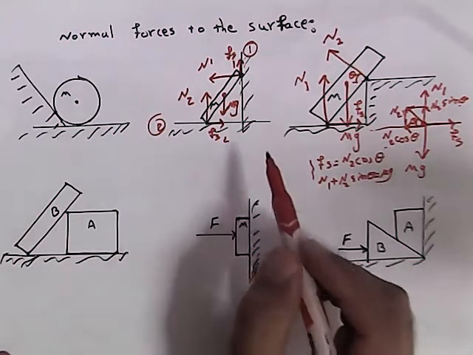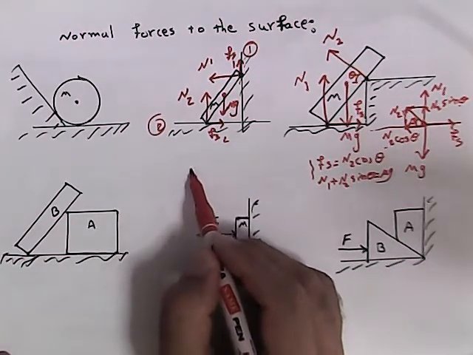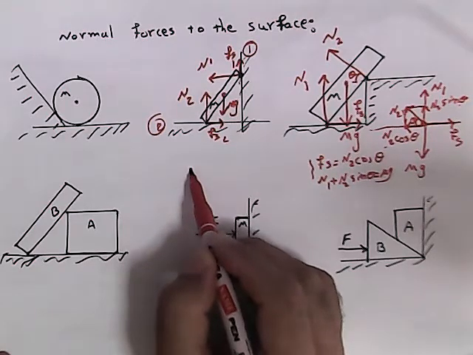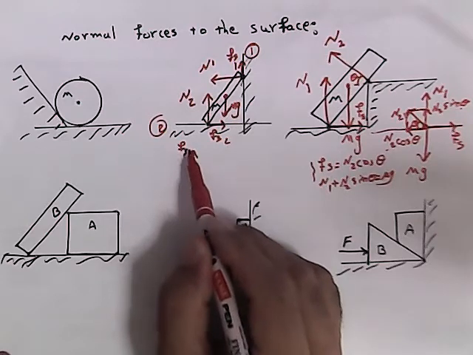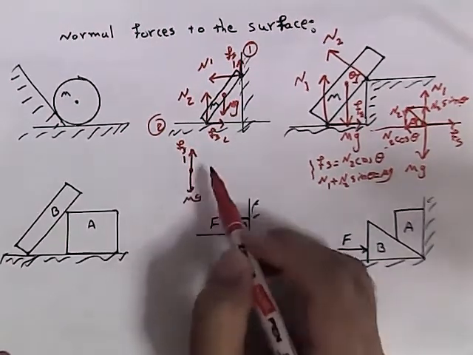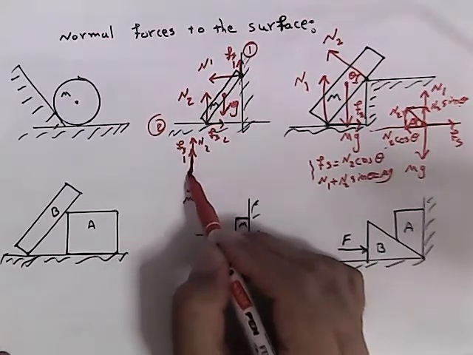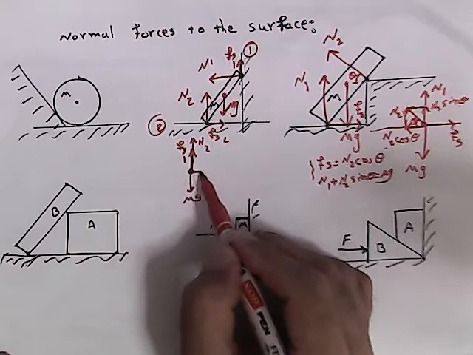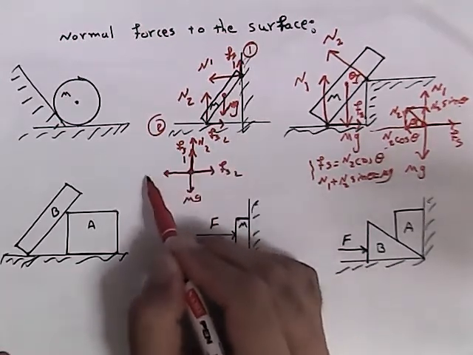And if you draw the free body diagram for this system, you could say that this one is Fs1, this one is Ng, you got N2 also, then in this direction you got Fs2 and N1.